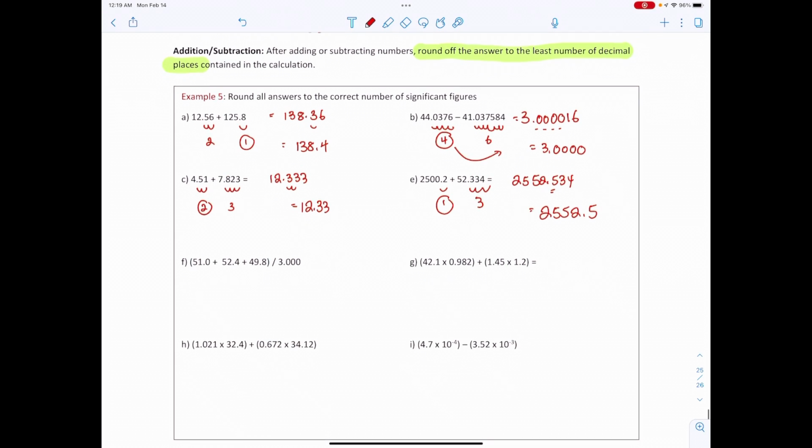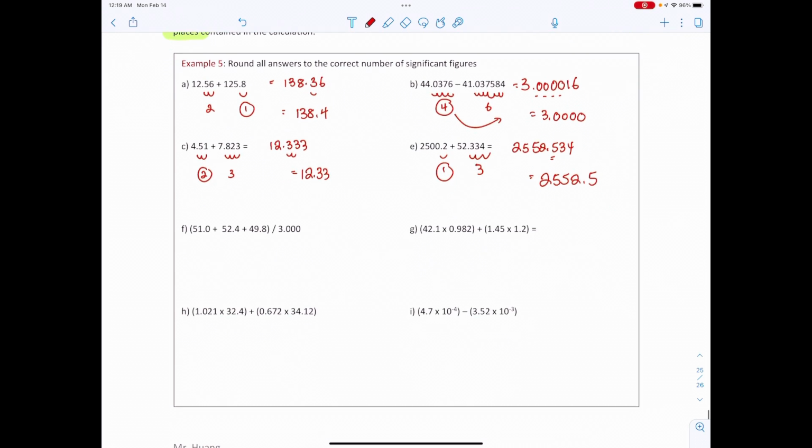Okay. Now in F, G, H, and I, it's a little bit different. In F, we have 2 parts. We have an addition that we need to do, and then we have a division. The way to do this is we don't want to prematurely round our answer in the middle of our calculations, but we do want to keep track of the decimal places or significant figures.